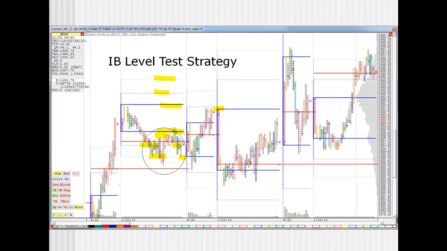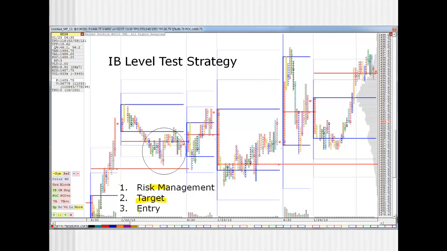So the IB levels help us to identify the opportunity, and at the same time they help us to manage our risk, and in addition to that they also help us to establish a reasonable target.